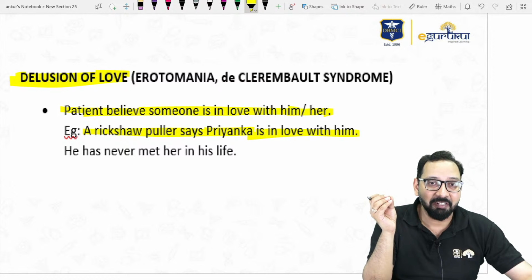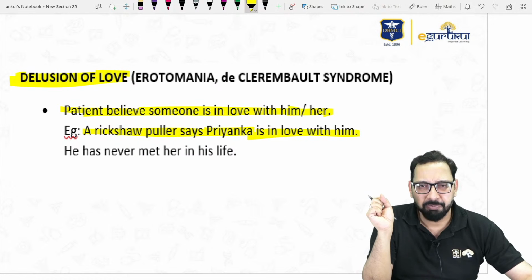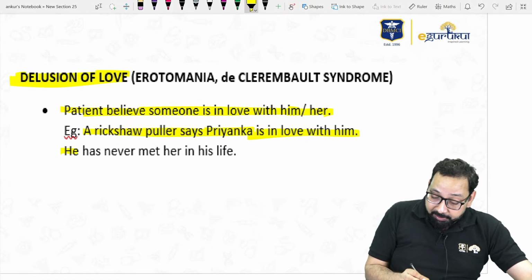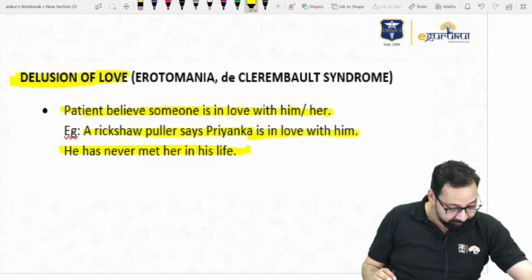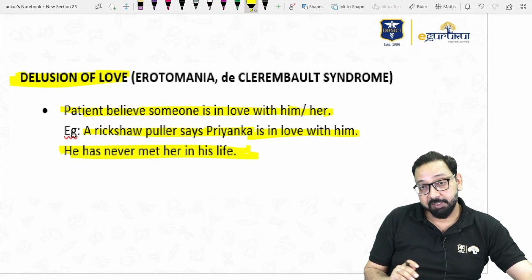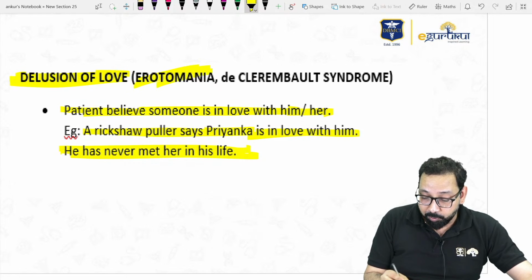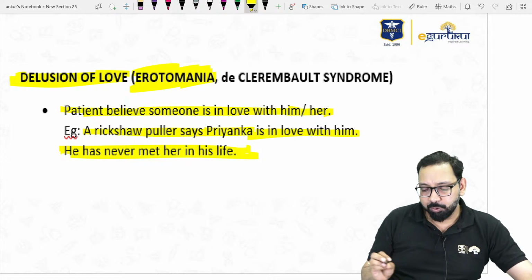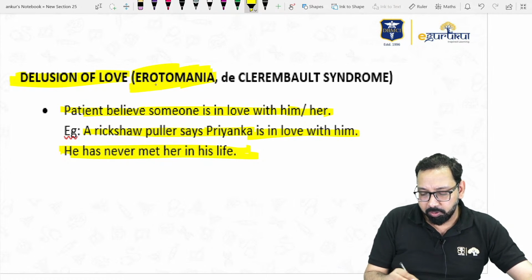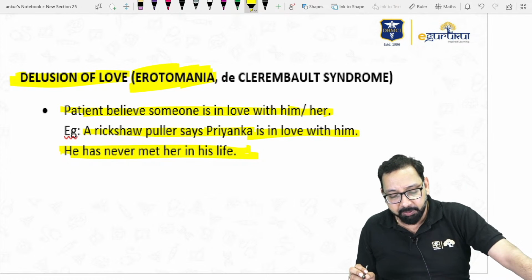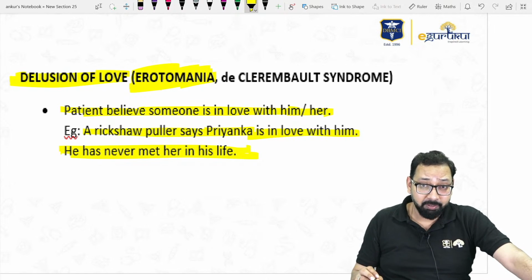I like red color. That's why I know she loves me. He has never met her in life, but he says she is in love with me. That is delusion of love, also called erotomania. The word erotic is used for love, but Raj Kundra could not understand the thin line between erotic and porn and was booked.